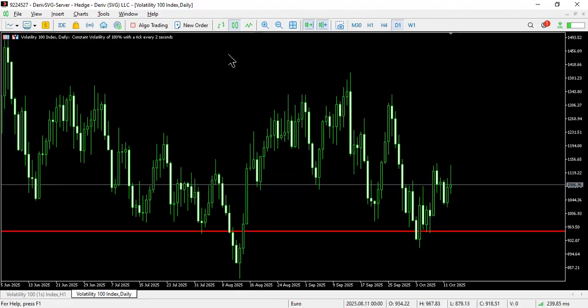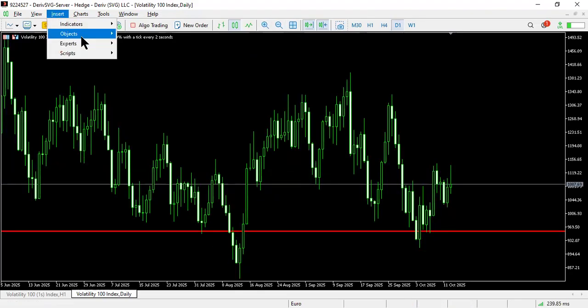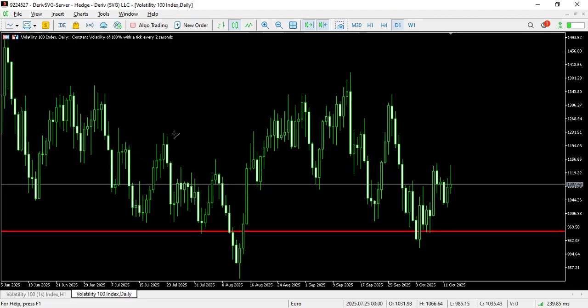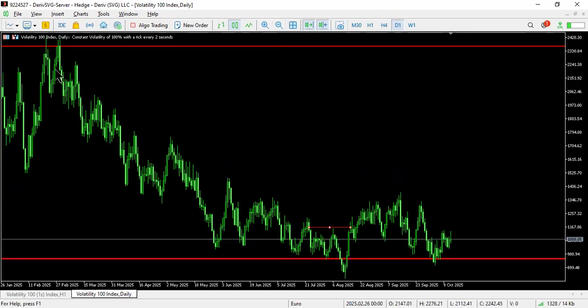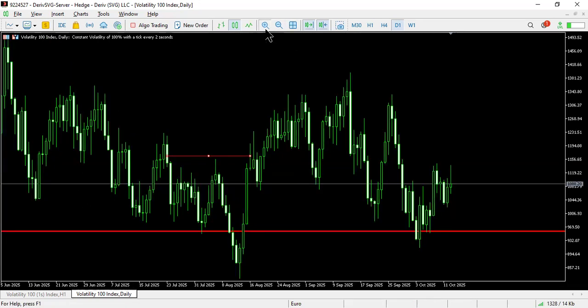Let's study the recent price action. Okay, I'm liking what I see. So price has pretty much reversed. From the daily time frame, we have a change of character, indicating that this selling pressure is now over and the momentum is shifting from selling to now buying. So I'm liking what I see on VIX 100.